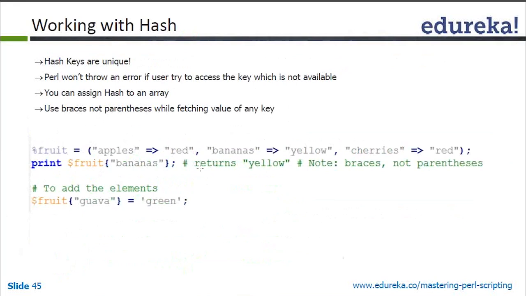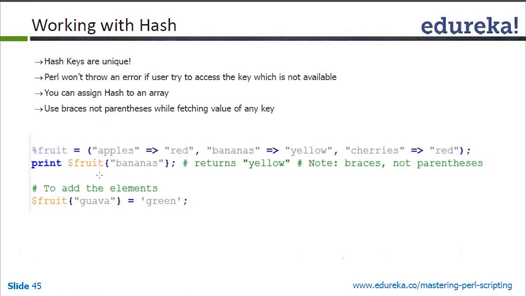When you want to print a hash element, you just do print and $fruit. If you remember, for an array we used to do print and the at sign, with the fruit array, and we would also print $fruit, which refers to the fruit array, and put the index in brackets like 0, 1, 2, whatever we want to print.